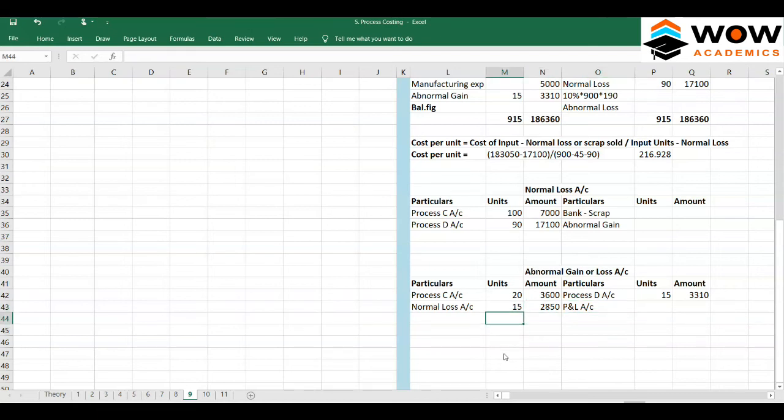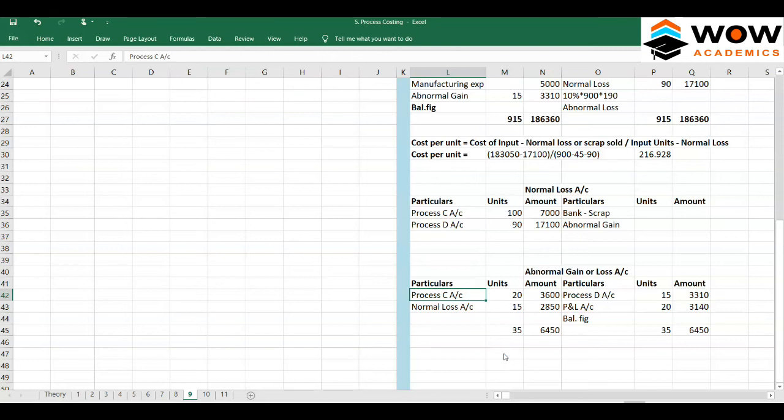So let's see the value. 20 units is the total unadjusted, and here we'll get 3140. I think this should be the answer. Yes, this is a balancing figure.